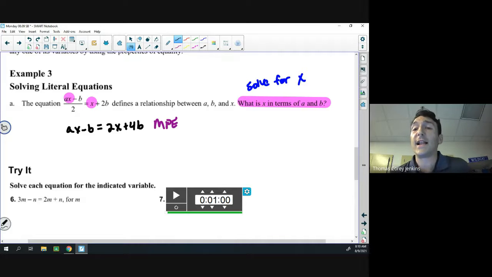So I'm going to do two things at once here. I'm going to subtract 2x from both sides, and I'm going to add b to both sides. So that would leave me with ax minus 2x equals 4b minus 1b, which would be what? 3b.